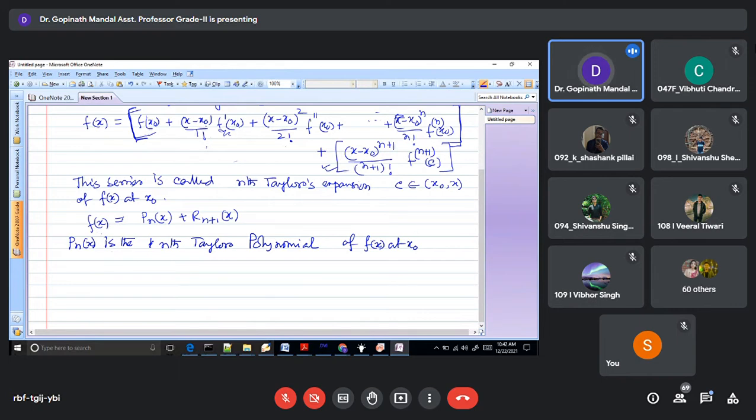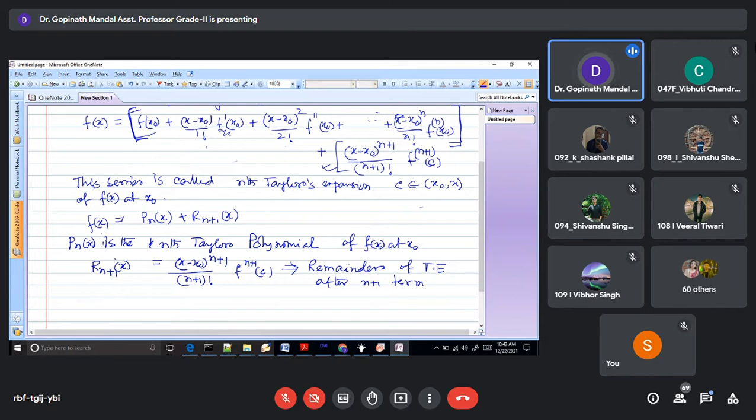and Rn plus 1(x), which is (x minus x0) to the power n plus 1 by factorial n plus 1 f^(n plus 1)(c), is called the remainder of the Taylor's expansion after n plus 1 terms.